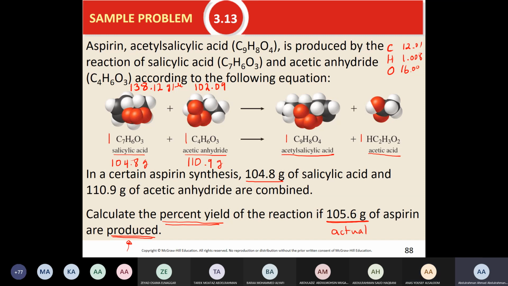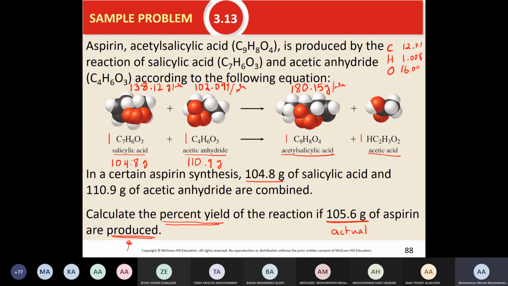Okay, how about aspirin, or acetyl salicylic acid? 180.15 gram per mole. Very good.